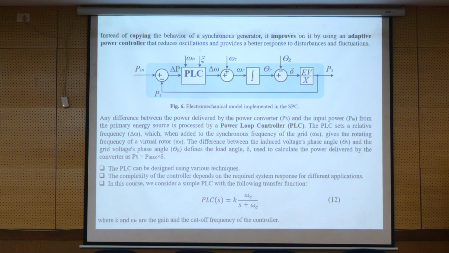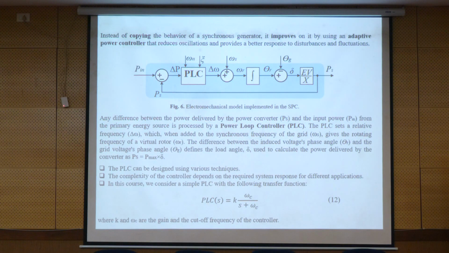We see that this is the generator model. The benefit of the synchronous generator is that we can provide the inertia for the grid, but the problem is that it cannot provide very good damping because of the electrical and mechanical limitation of the synchronous generator.